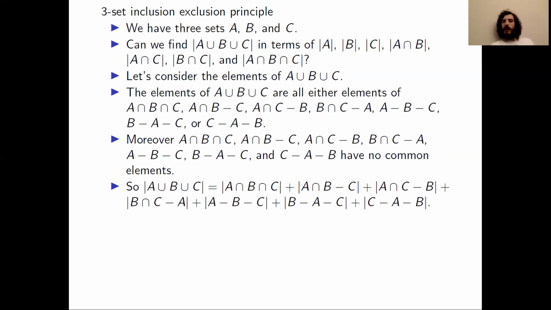So we can say that the cardinality of A union B union C is equal to the cardinality of A intersect B intersect C plus the cardinality of A intersect B minus C plus the cardinality of A intersect C minus B plus the cardinality of B intersect C minus A plus the cardinality of A minus B minus C plus the cardinality of B minus A minus C, and finally plus the cardinality of C minus A minus B.